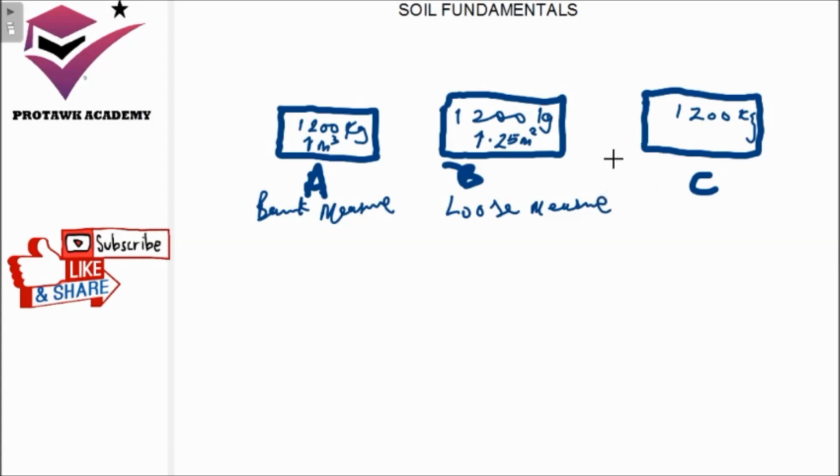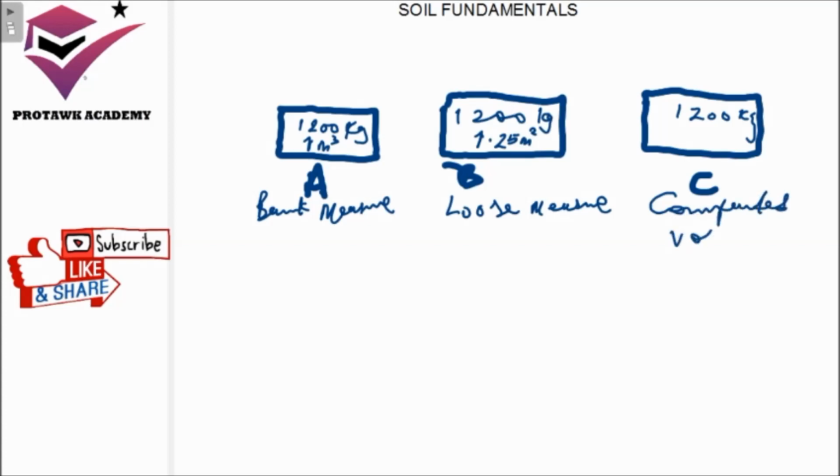Then by the time we compact the same soil, applying compaction methods, we don't expect to have the same volume. We cannot have the original volume we had before. So in the third case, which is C, we'll have the compacted volume.